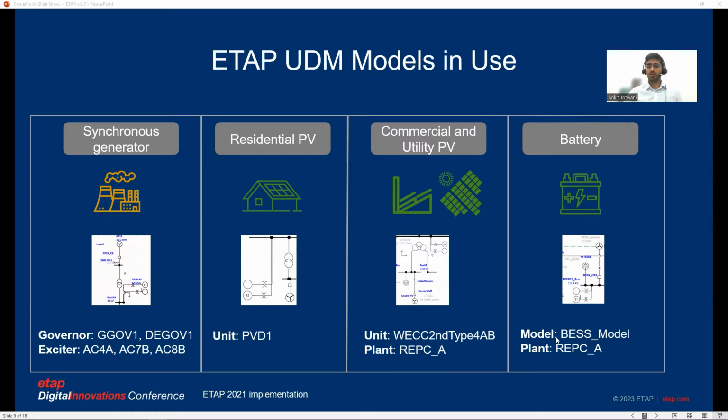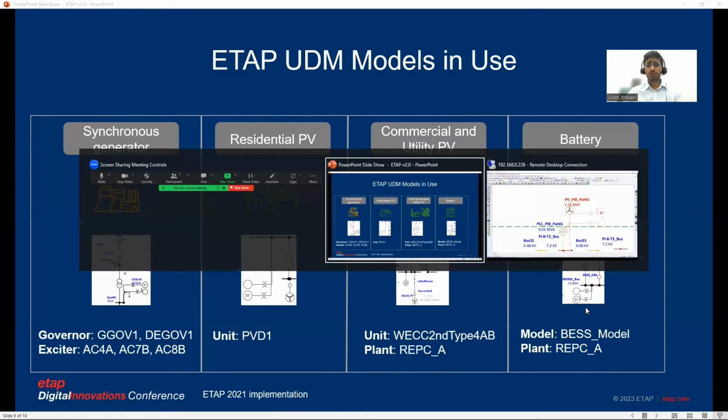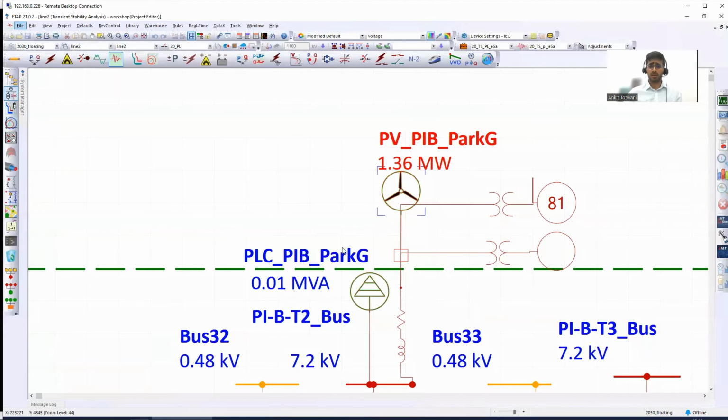The model used was the BESS model. It's quite similar to the VEC second generation model, except that it has a state of charge feature, which is missing for the VEC second generation type 4AB models. And we linked it along with the plant controller model.